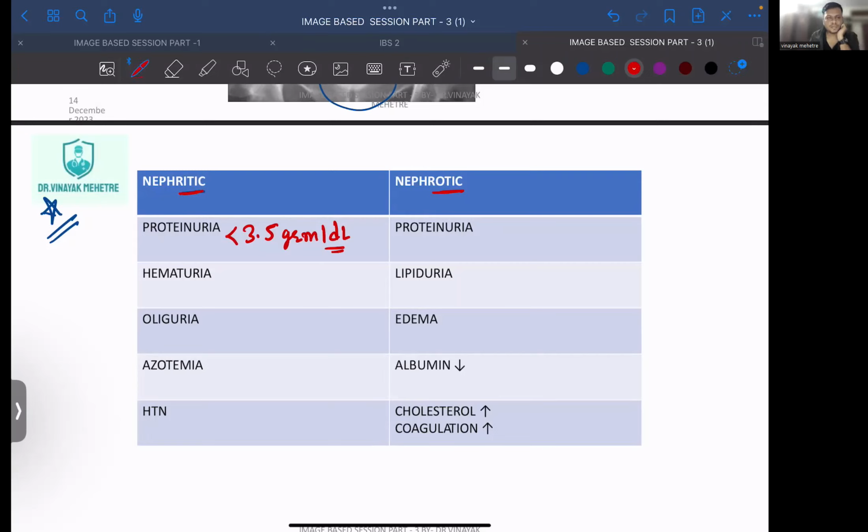Yes, gram per deciliter. Okay, gram per deciliter. How we define hematuria? What is the definition of hematuria? Anyone? Urinarium करते हैं, right? So in the microscope, how many RBCs should be there? Yes, it should be more than 3 RBC.